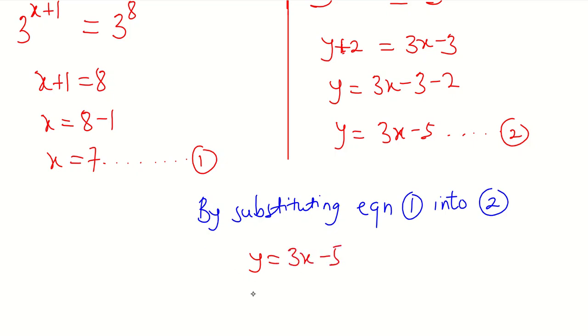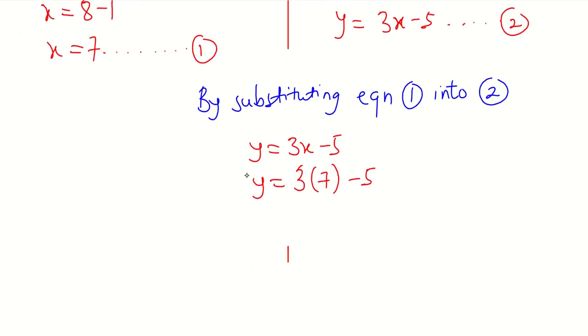If x = 7, then y = 3 multiplied by 7, minus 5. Now 3 times 7 gives us 21, minus 5, and our y value is equal to 16.